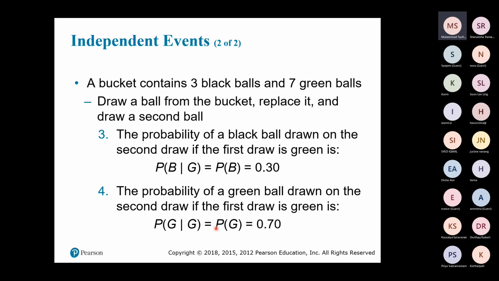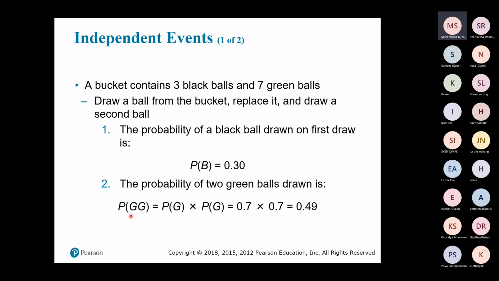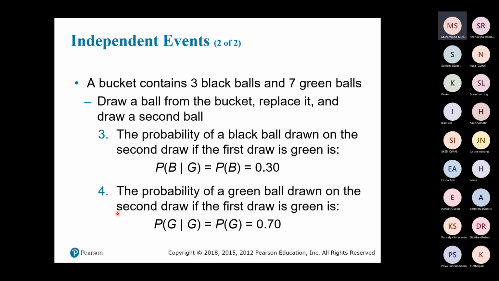This one is conditional, and it is different from the previous one, which asked the probability of getting two green balls out of two tries. Here, in question number 4, they ask the probability of getting a green ball in the second try.